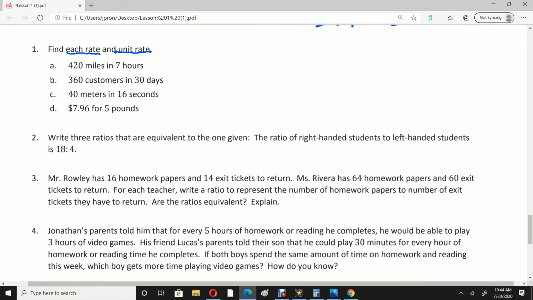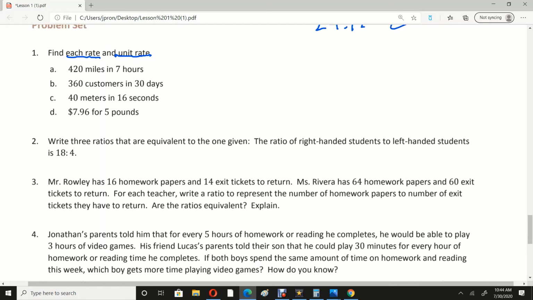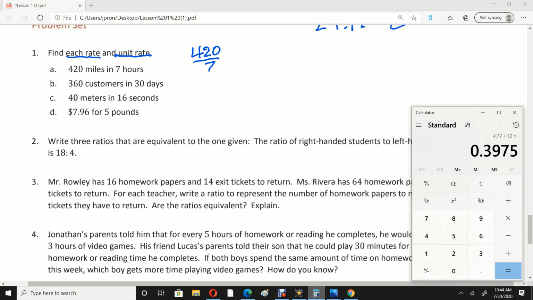So in this example, our unit rate would be 420 over 7, which would be a number. That's like 6. Let me just check. Not 6, but 60. Yeah, 60 miles per hour probably, right? 420 divided by 7. I'm just going to double check. Yeah, definitely.